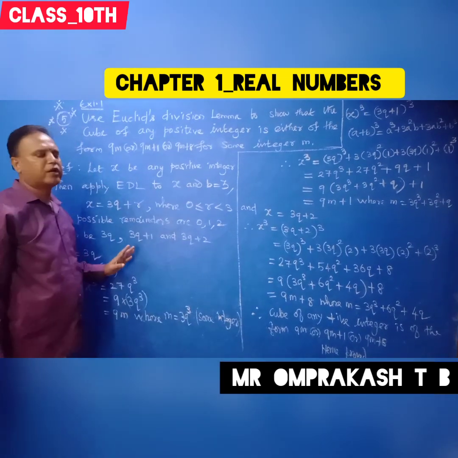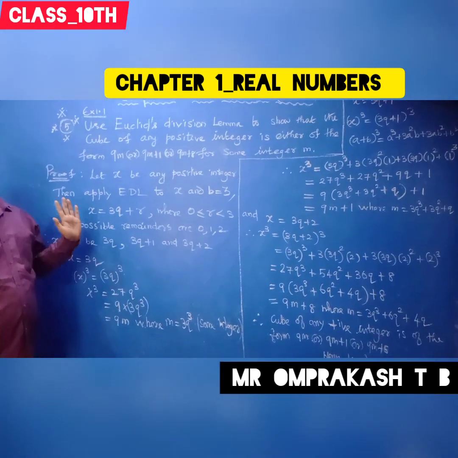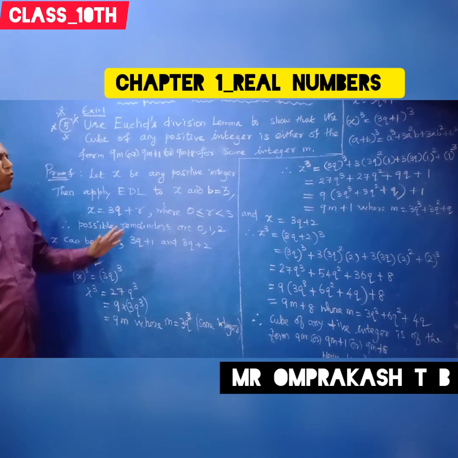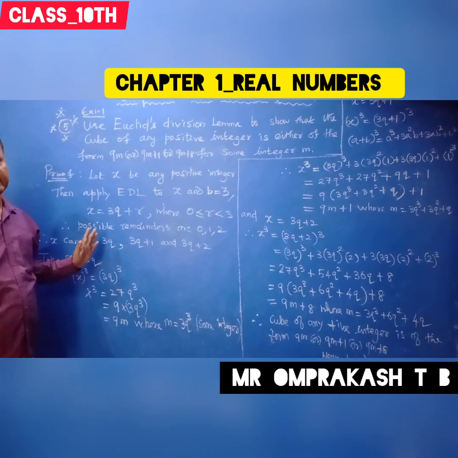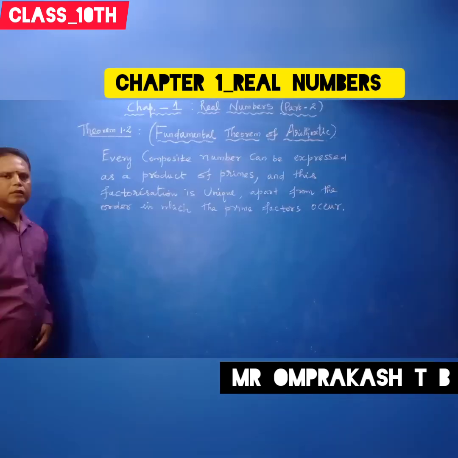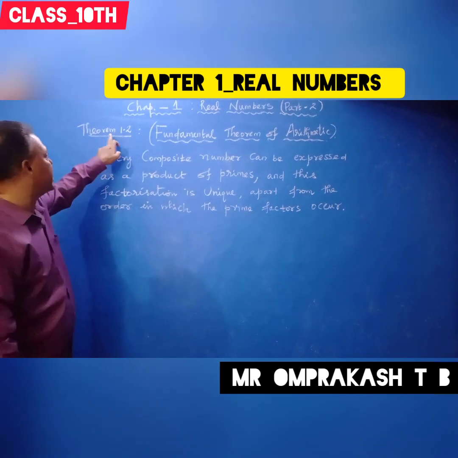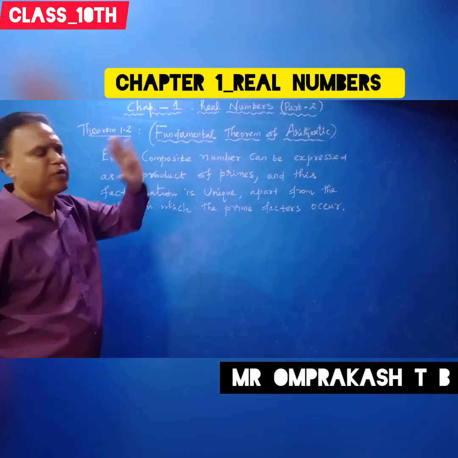That's all. These are very important questions. Practice thoroughly, do this problem more number of times. Clear? Okay. So next we will see Theorem 1.2, the fundamental theorem of arithmetic.